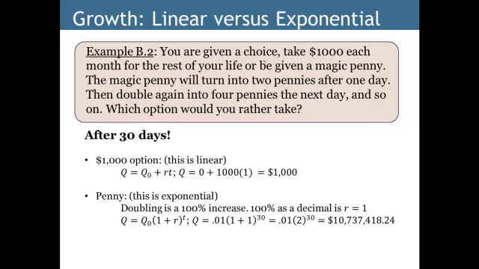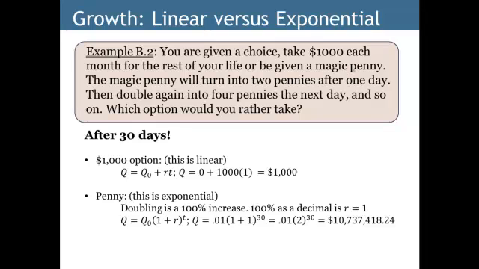All right, so let's take a look at this example. You're given a choice to take $1,000 each month for the rest of your life, or be given a magic penny. The magic penny will turn into 2 pennies after 1 day, then double again into 4 pennies the next day, and so on. Which option would you take? Well, let's just look at what happens after 30 days.